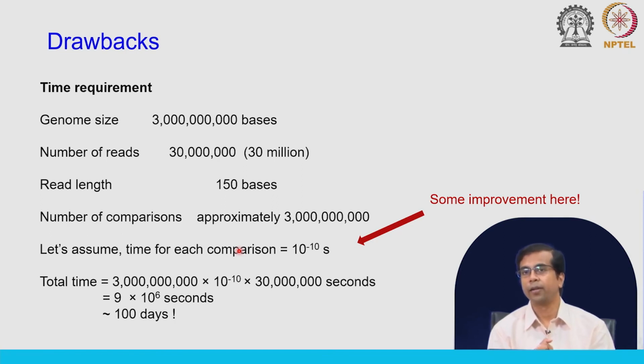So, we have improved there, we are doing that faster. What it means is that the total time required will be less, but it is still quite high, about 100 days. It takes about 3-4 months, and that is not acceptable for us.